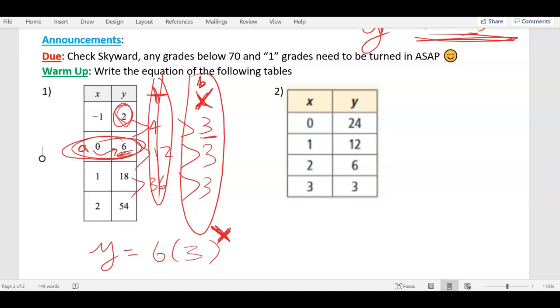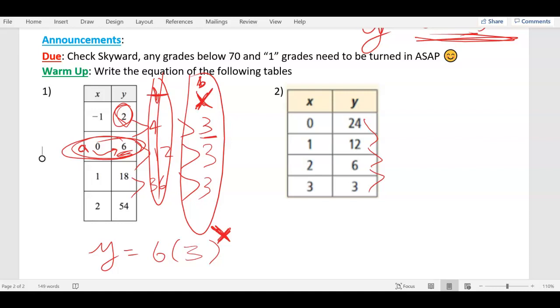Now, number 2, is it subtracting by the same number each time? 24 down to 12 is subtracting 12. It doesn't keep subtracting 12, otherwise this 6 would be a 0 instead, right? So it's not linear. And since it's going down, I got to think about this. What's happening each time? What do you think? Okay, decay is fine, but what's dividing, by dividing by 2.